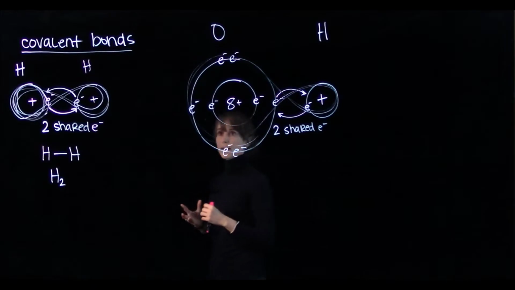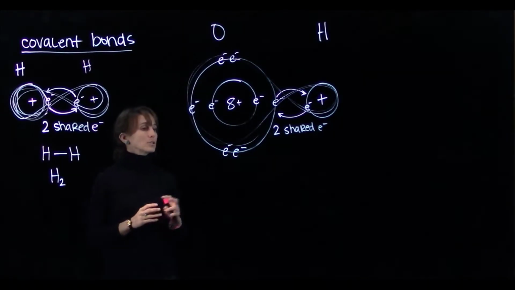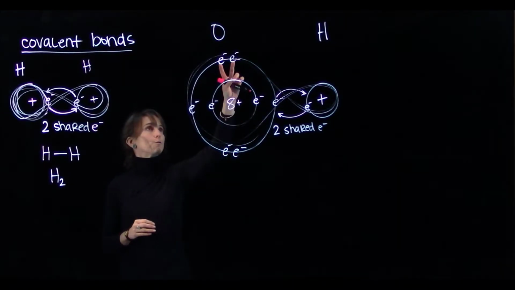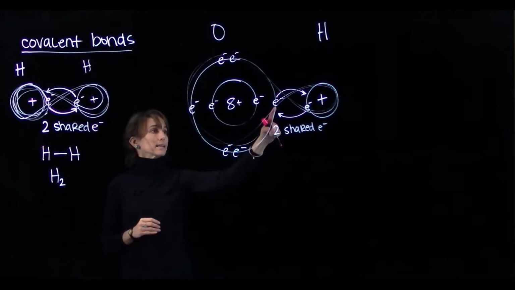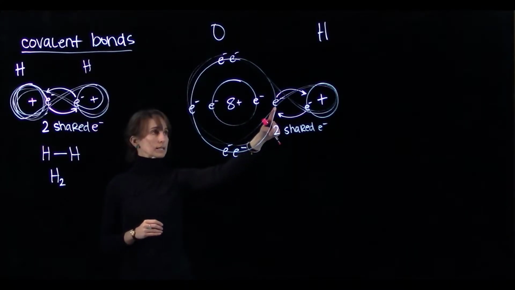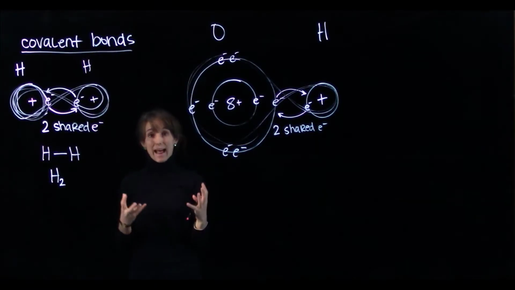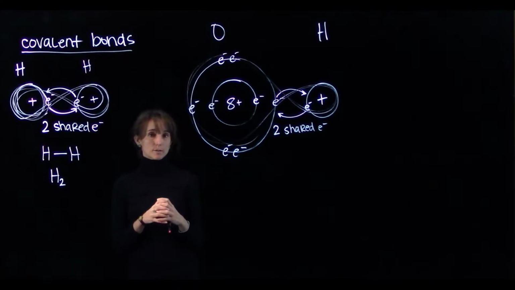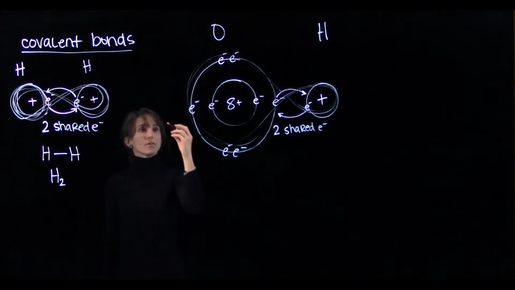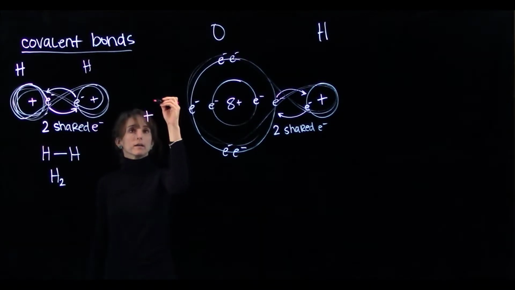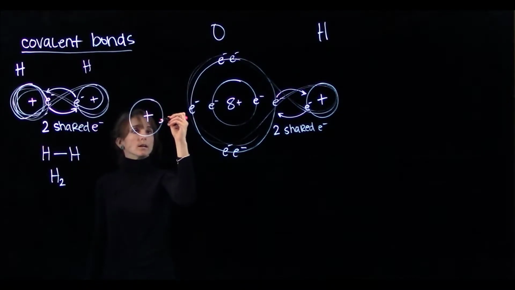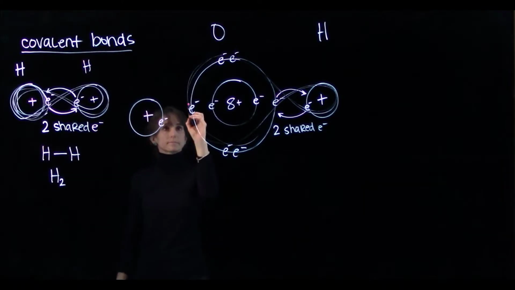On the other hand, if we look at oxygen, oxygen has the 6 that it started with in its outer shell, plus the addition of this one that it's sharing with hydrogen. So now oxygen has access to 7 electrons, but we know that it needs 8 in order to be stable. So let's add another hydrogen on the opposite side, its proton and its electron.